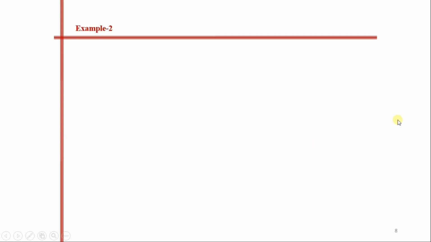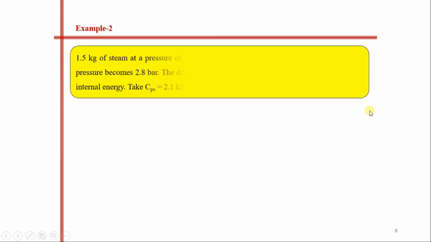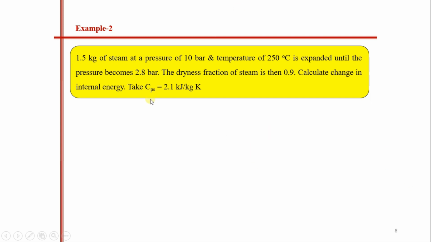So let's take up another example. 1.5 kilogram of steam at a pressure of 10 bar and temperature of 250 degrees Celsius is expanded until the pressure becomes 2.8 bar. The dryness fraction of steam is then 0.9.